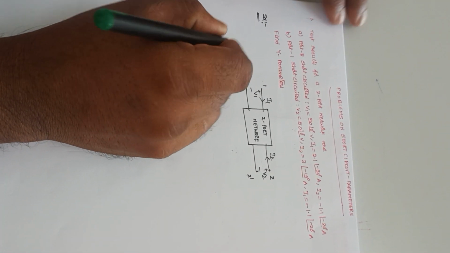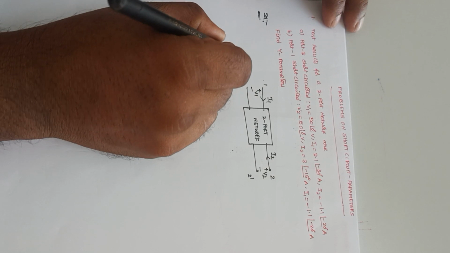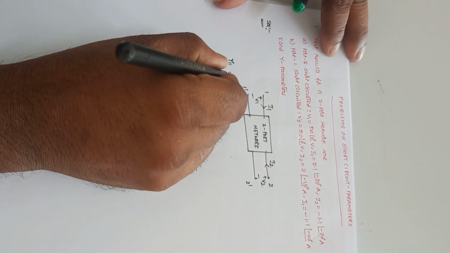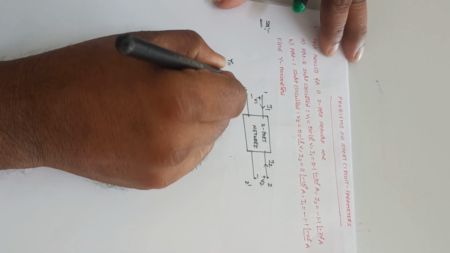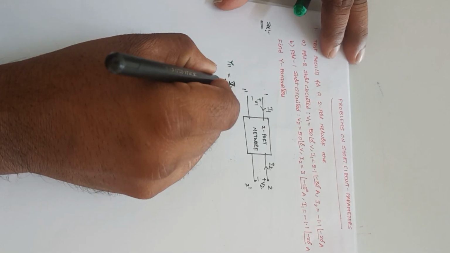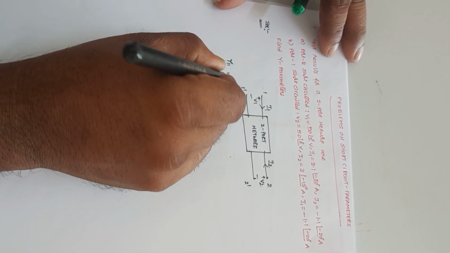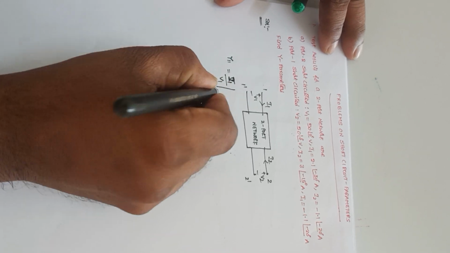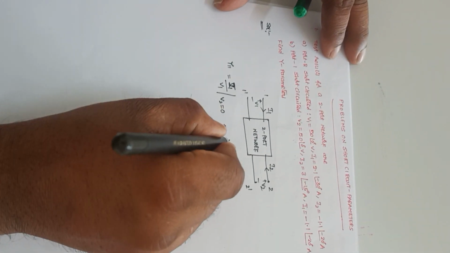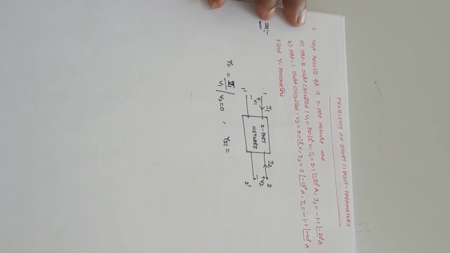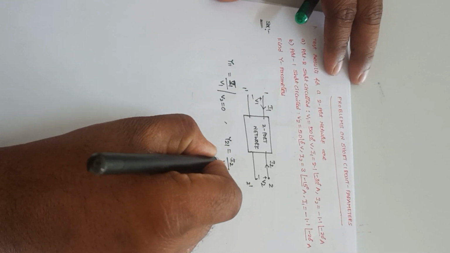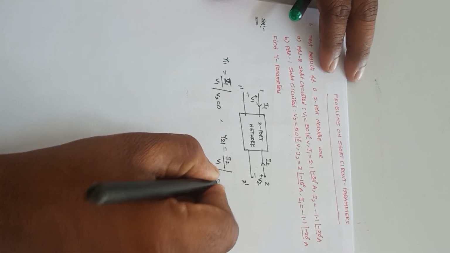So the Y parameters, I can define these Y parameters. Y11 is equal to I1 by V1 whenever V2 is equal to 0, and Y21 is equal to I2 by V1 at V2 is equal to 0.